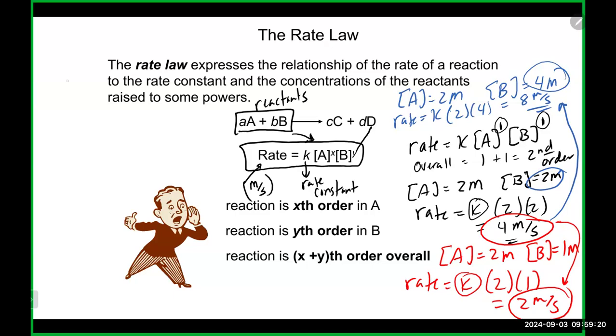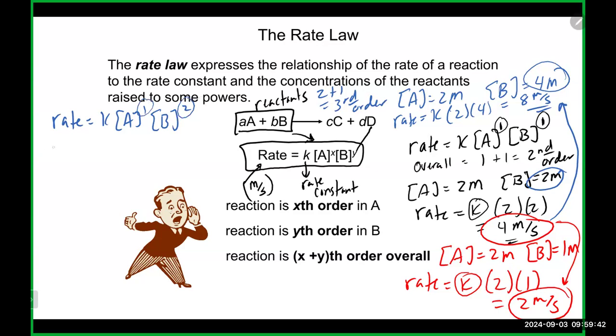Now, let's say I had a rate law of the rate is equal to K times A to the 1. And again, we don't usually write the 1, but I will in this case. And we'll say B to the second order. In this case, the overall reaction would be third order if you add both of those orders together, the 2 and the 1.